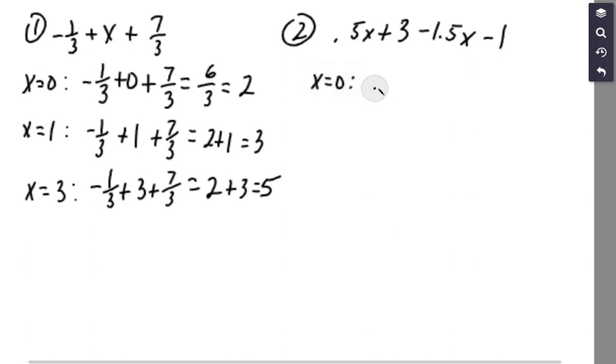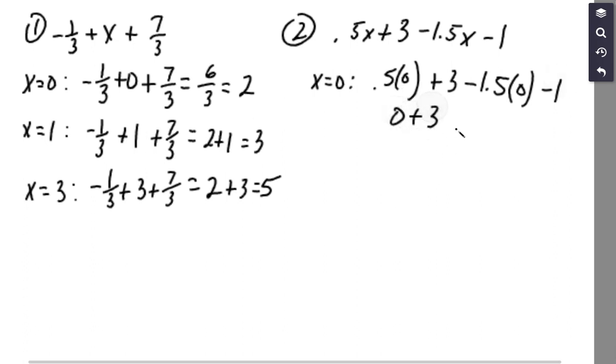So it's going to be 0.5 times 0 plus 3 minus 1.5 times 0 minus 1. Okay, so 0.5 times 0 is just 0. And then negative 1.5 times 0 is also 0. So if I combine that together, that's going to give me 2. Right? 3 minus 1 is 2.